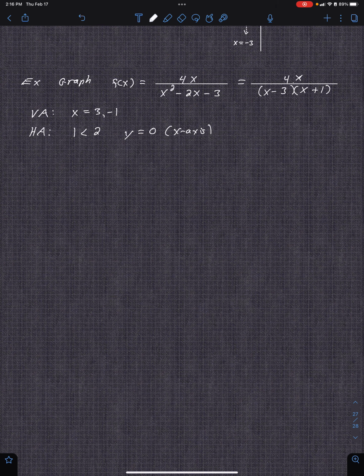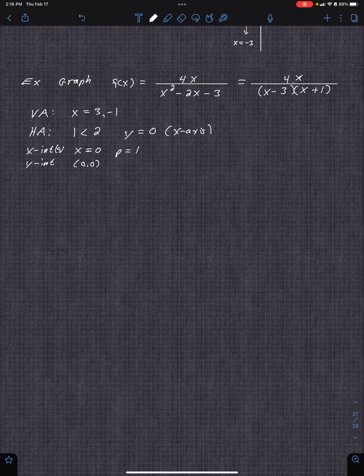Okay, intercepts. So x-intercept, or one or more. Y-intercept. So this one just has 1 at 0. Multiplicity is 1. And then when you evaluate, you'll get 0 again. So your y-intercept is, again, 0, 0, 0. So there's only one intercept that passes through those.